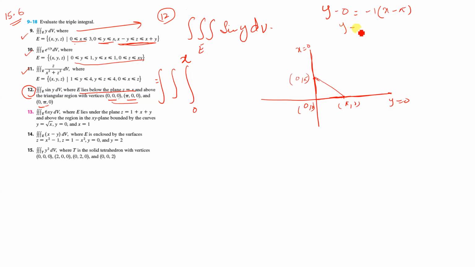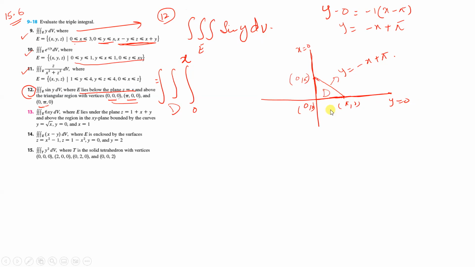So this becomes y is equal to -x plus pi. Okay, so we have already determined the limits for z. So this is the region D, which is bounded by three lines.